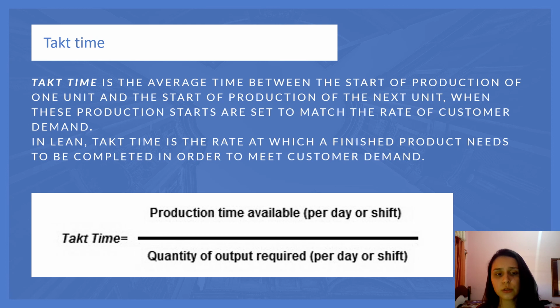Okay, so in other words, takt time is the time for the production of one unit. Okay, in lean, takt time is the rate at which a finished product needs to be completed in order to meet customer demand.